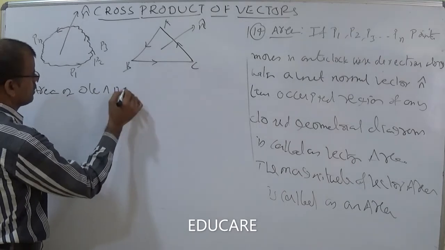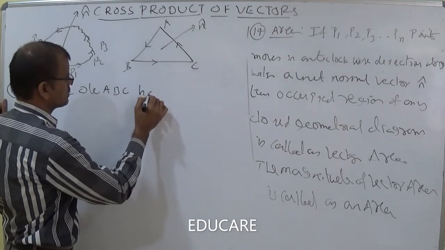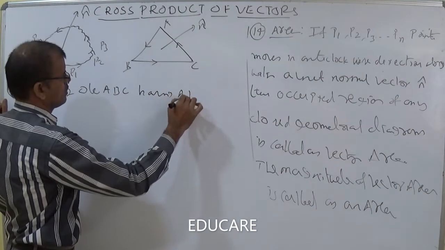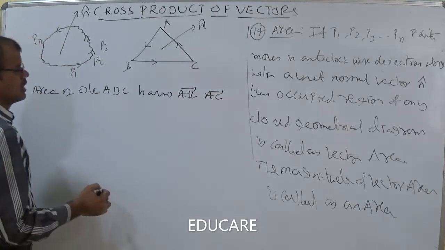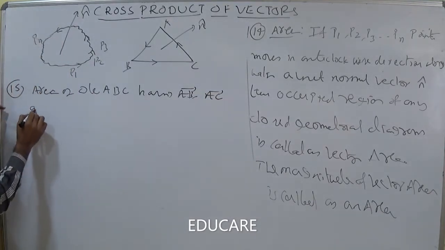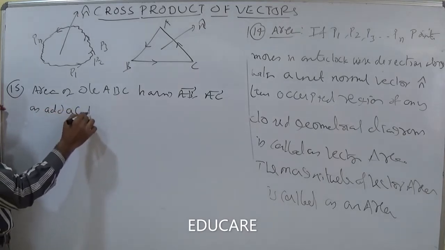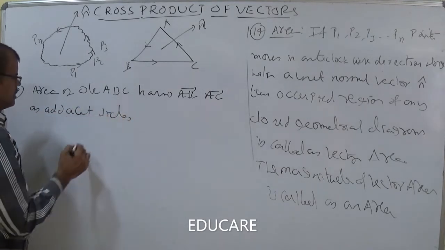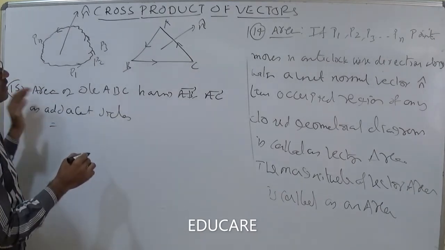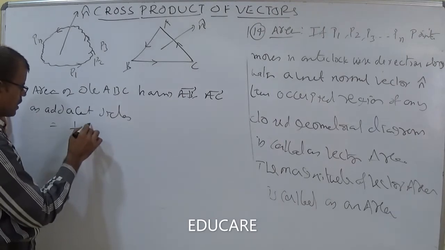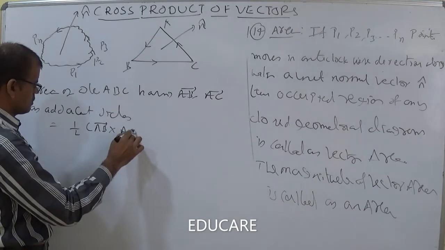Area of triangle ABC, having AB bar and AC bar as adjacent sides, is 1 by 2 into AB cross AC.